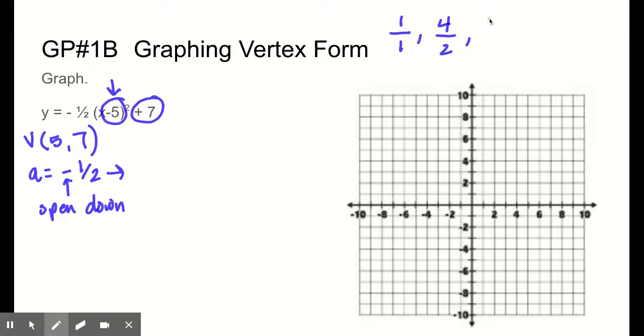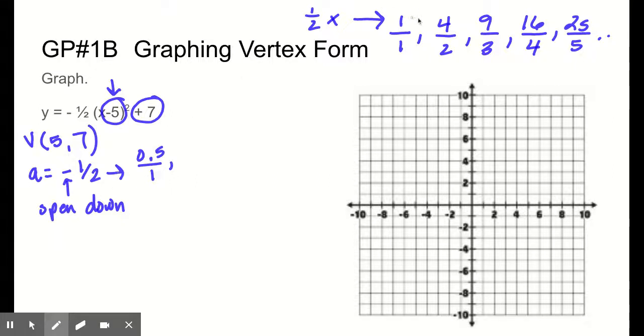Because A is not 1, we have to go ahead and multiply all of the numerators in our graphing pattern by 1/2. So if I multiply the 1/2 to the numerators, that's going to give me 1/2 or 0.5 over 1. 1/2 times 4 is 2 over 2. 1/2 times 9 is 9 over 2 or 4.5 over 3. 1/2 times 16 is 8 over 2.